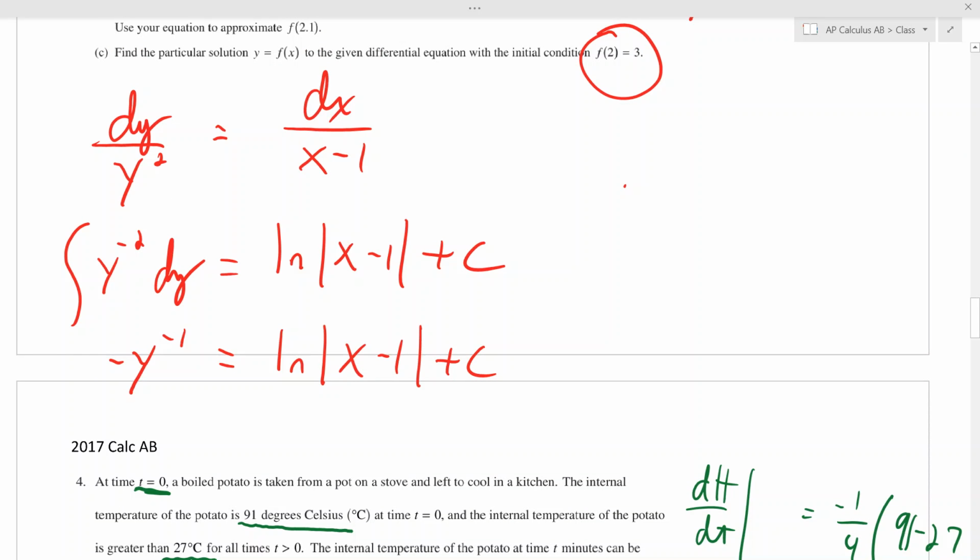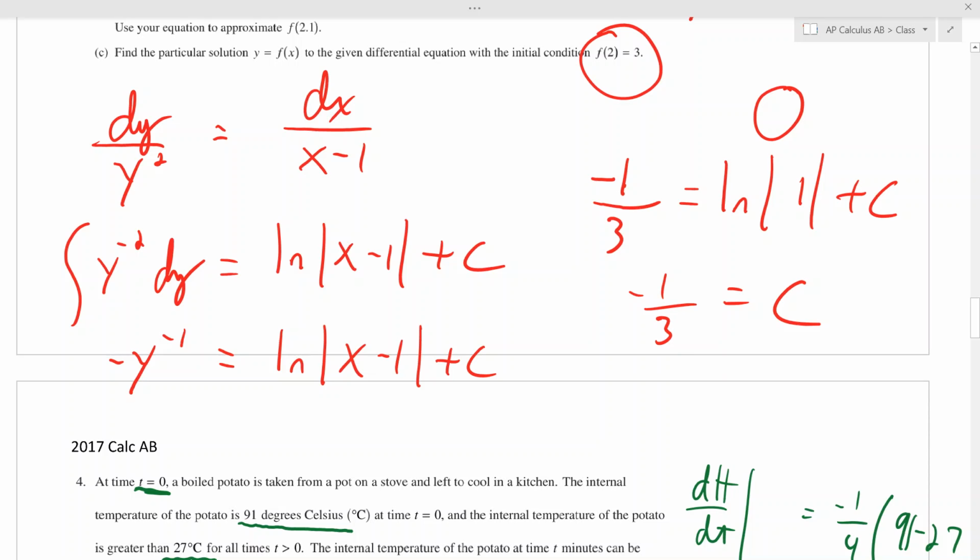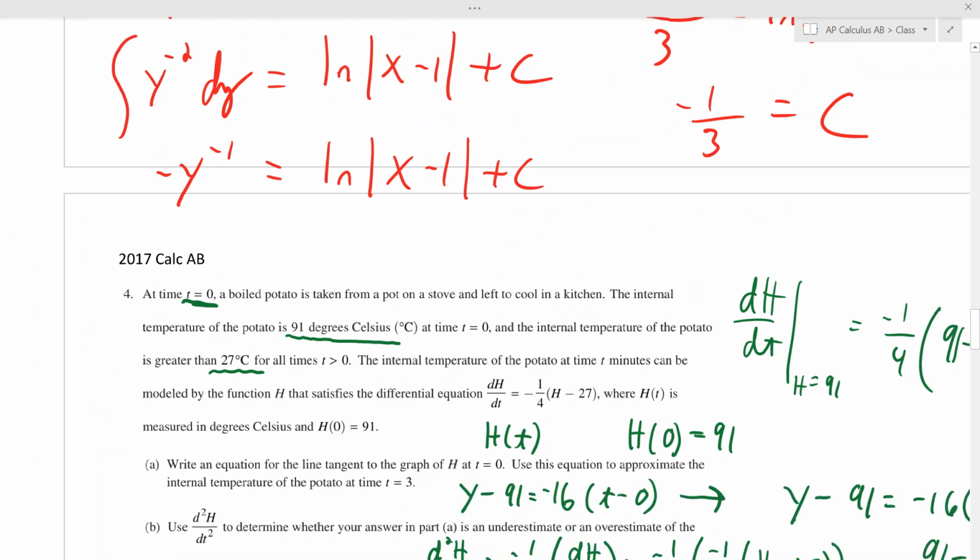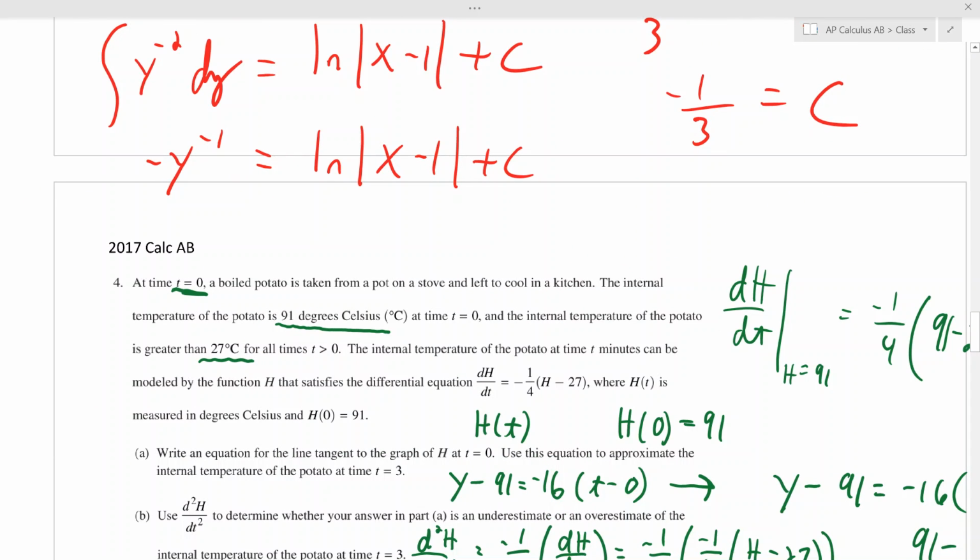So when you plug in 3 for y, you get negative 1/3, because it's to the negative first power, has to equal ln of 2 minus 1, which is 1, plus c. But ln of 1 is 0, you all know that. So that's just negative 1/3 equals c. So that turns our whole equation into negative 1 over y is equal to ln of the absolute value of x minus 1 minus 1/3.